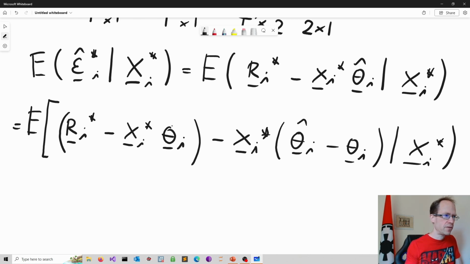my data matrix. So now notice, because I have conditional expectations, I can treat this data matrix just like any other constant term. I have here the expectations operator, and the expectations operator is a so-called linear operator. So certain properties apply. In particular, if I have a constant term, it can just be moved out of an expected value.